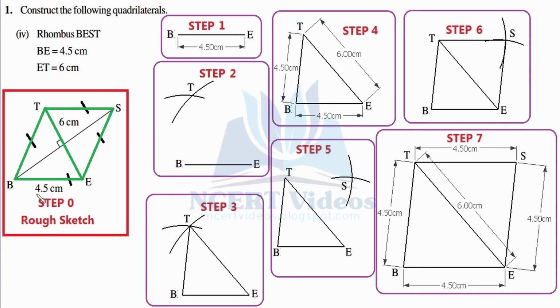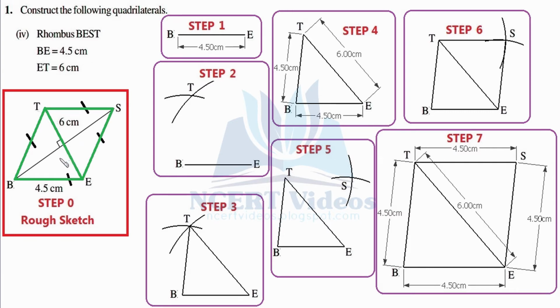So as we always do, in step number first, we try to draw the horizontal part. So we constructed this line segment BE using our ruler and pencil, and we marked down its measurement as equal to 4.5 cm.